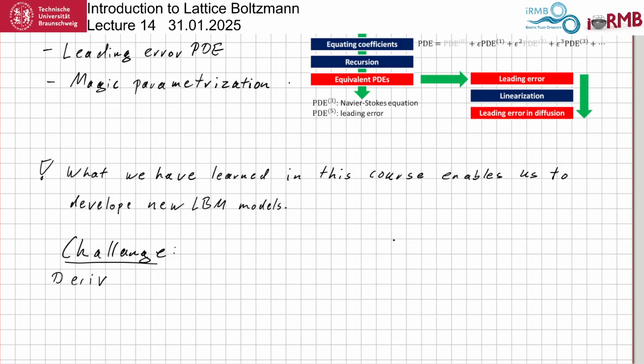So we derive a Lattice Boltzmann method for a simple diffusion equation in 2D, so it's comparatively simple.